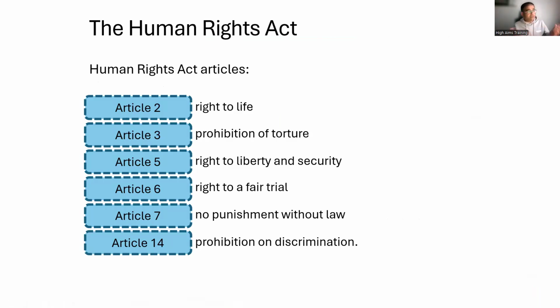Article 6 gives us the right to a fair trial. Article 7, no punishment without the law having been implemented. And Article 14, prohibition on discrimination based on protected characteristics, gender, age, sex, all of that.